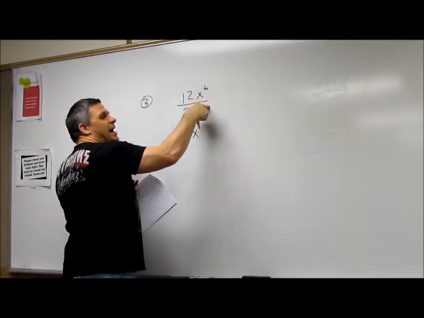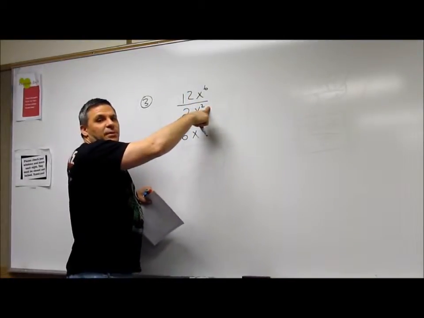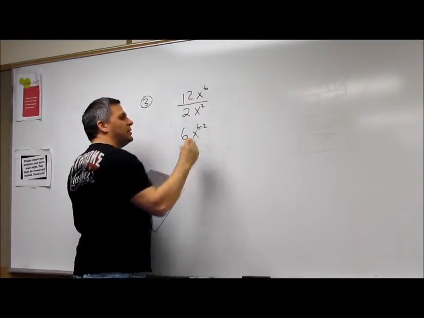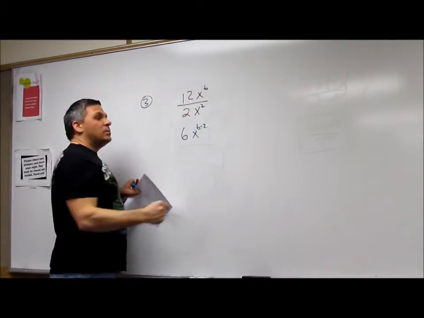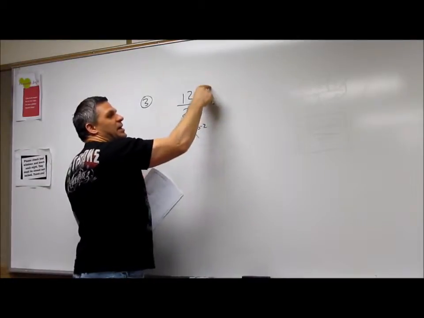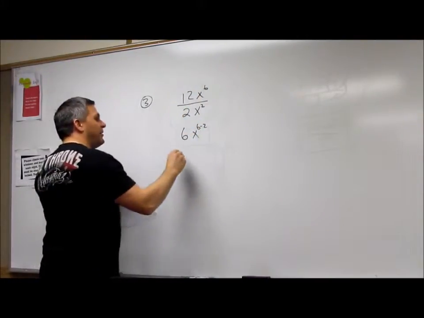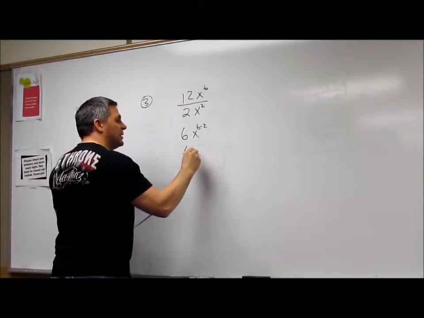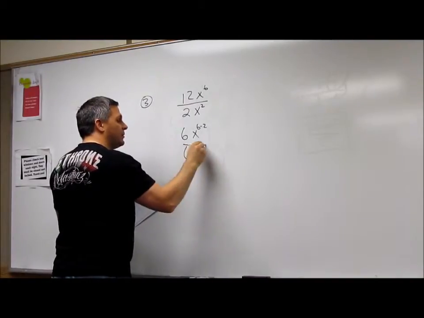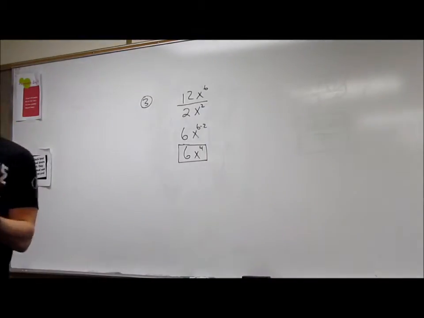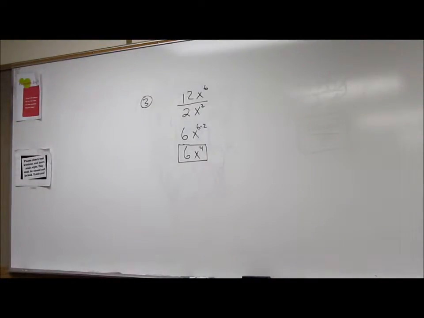Well, when we divide powers with the same base, we subtract the exponents. So we're subtracting the bottom from the top. So what we really have here is 6x to the 4th. And that's that.